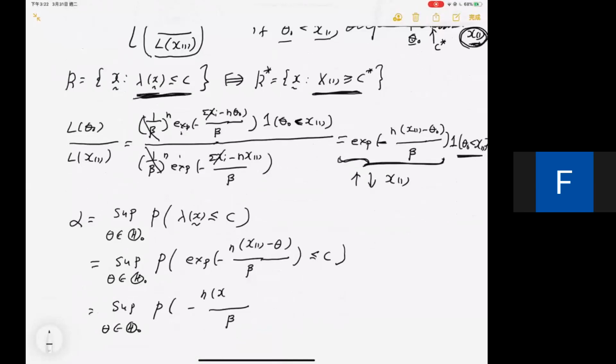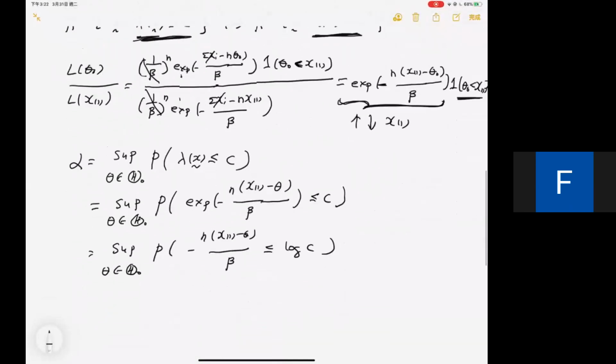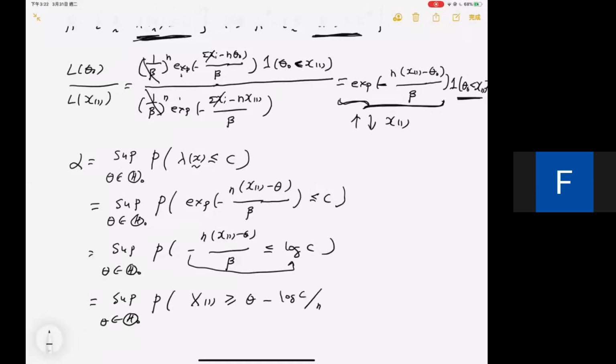You could take log on both sides. Taking log, you don't have to do anything about direction. But eventually, taking minus makes it bigger, then eventually x1 is bigger than theta minus log C divided by n.